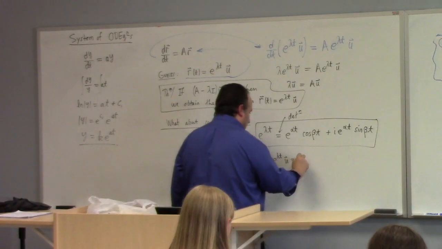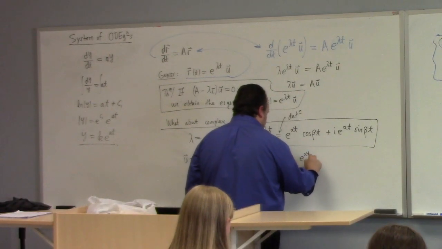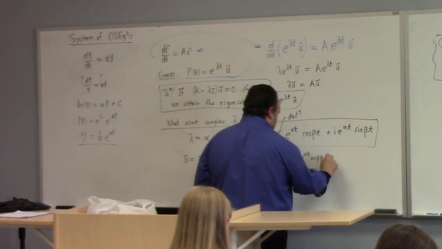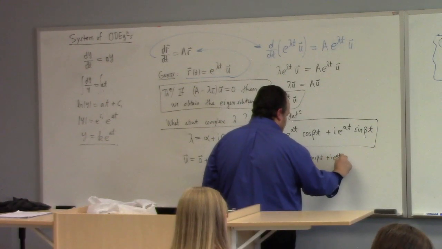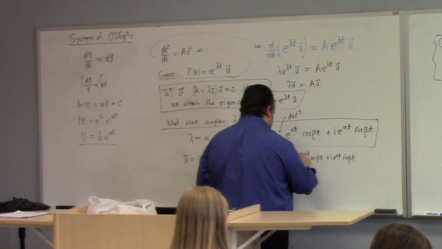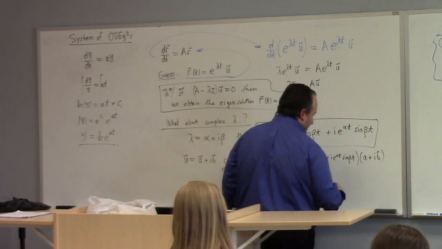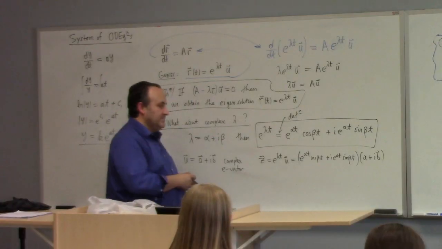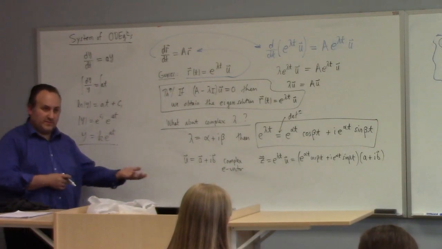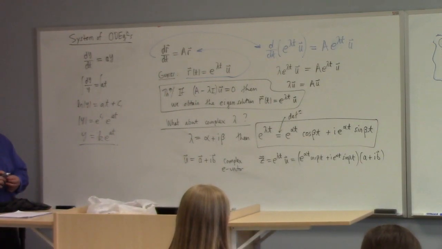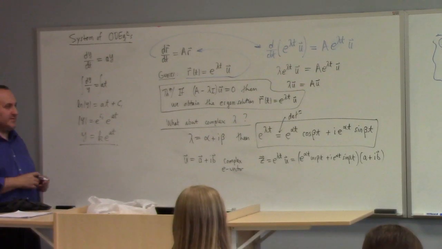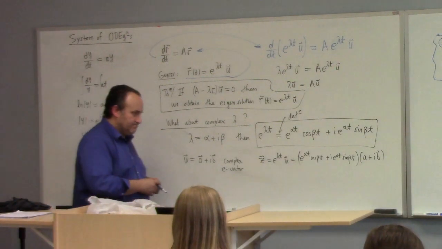Well, that would be e to the alpha t cos beta t plus i e to the alpha t sine beta t, times a plus i b. This would be a complex eigensolution to the differential equation.